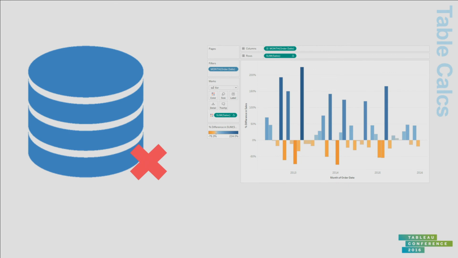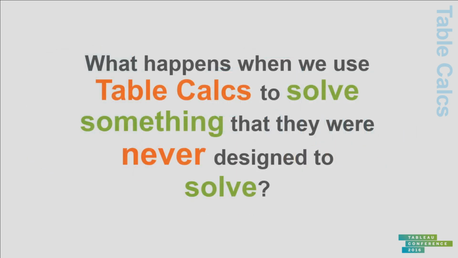So typically, we're not going to see big performance implications with table calcs, if you keep your view at an aggregation that's not causing it to compute something pretty insane. But where we do run into issues with table calculations is this exact scenario.